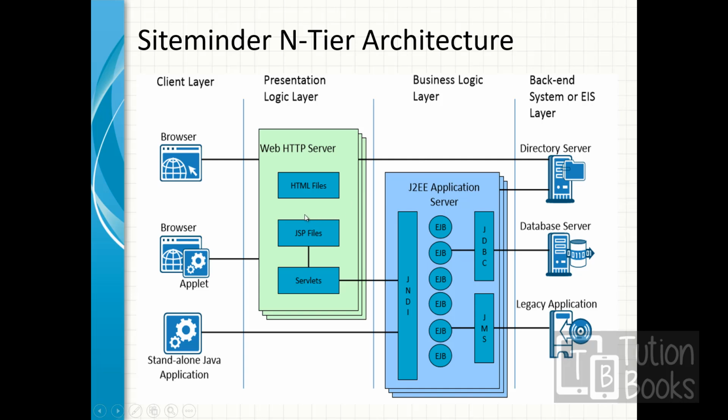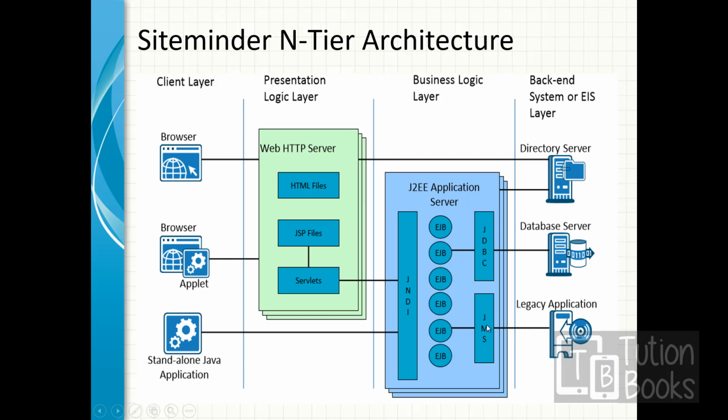When I process further on my SiteMinder, the JSP files and servlet files calculate their business logic at the logic layer, and based on the logic, if required, it will connect to the different servers: to the directory server as an LDAP connection, to the database as a JDBC connection, and to any other legacy application as a JMS connection.